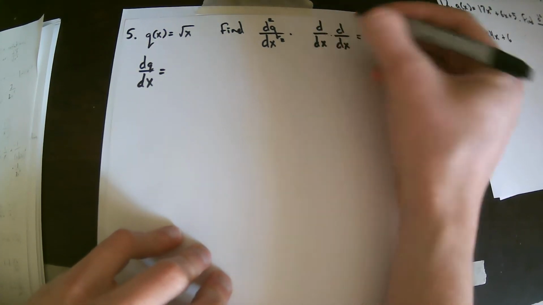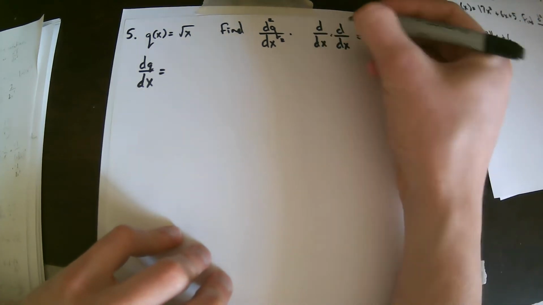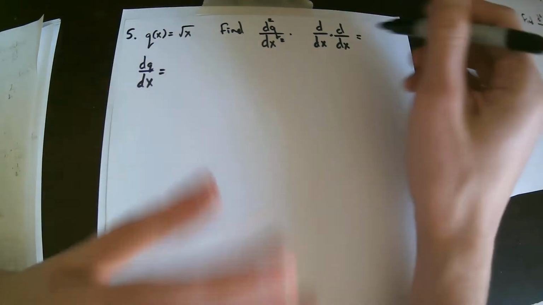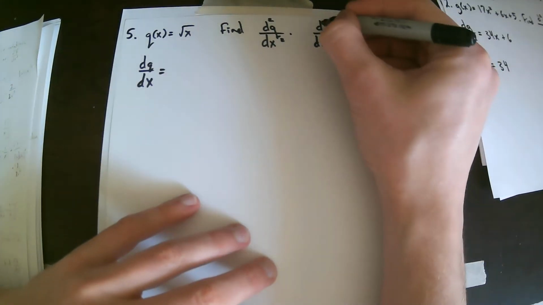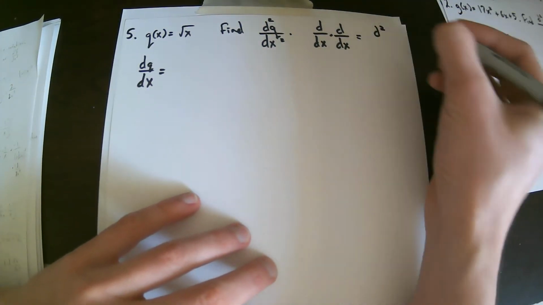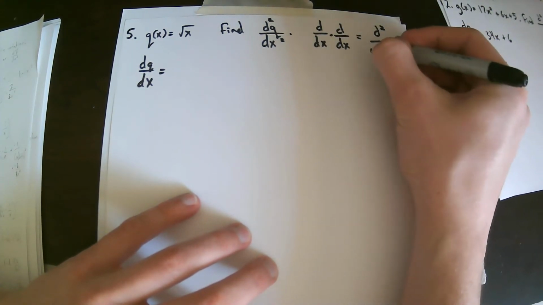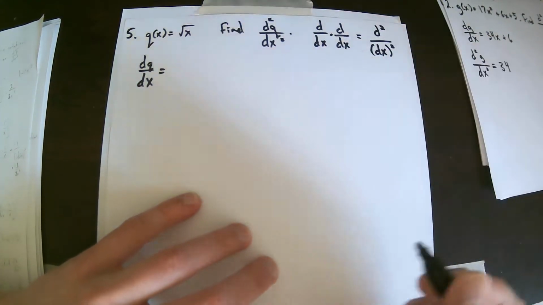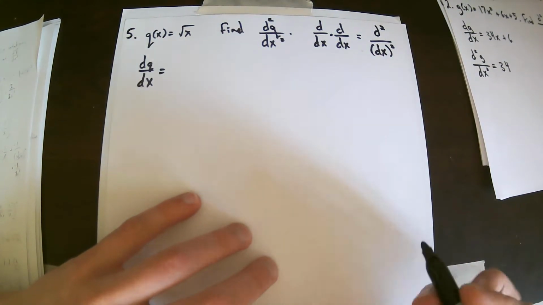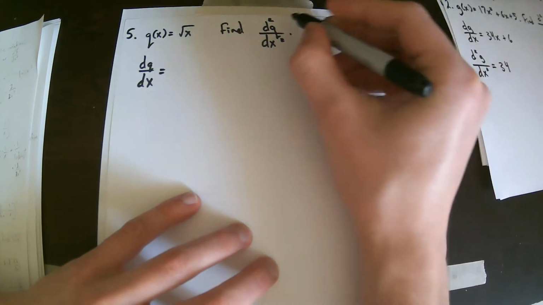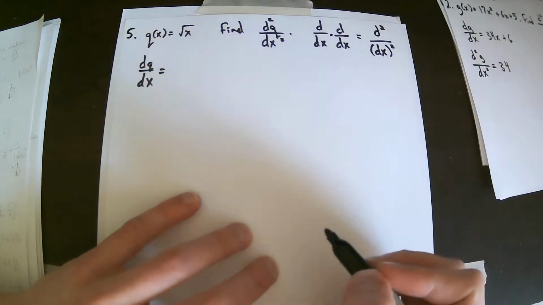You can think of these derivative operators as multiplying onto each other. Without getting into too many details, it's okay to think of them like that. So 2 d's on the top is d squared, and 2 dx's in the bottom is dx squared. So technically this whole thing is squared there. And then you just tack on whatever the name of the function is, we put it right there.